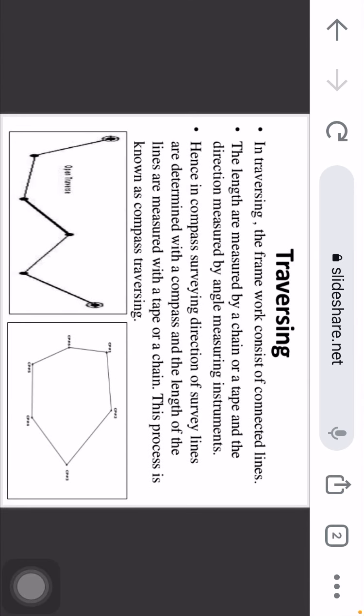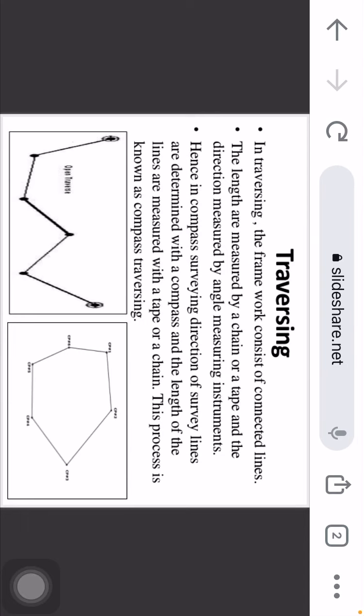See here. In traversing, the framework consists of connected lines. If I start with any point, I will go on surveying the area based on the deviations. The lengths are measured by a chain or a tape and the direction is measured by an angle measuring instrument.